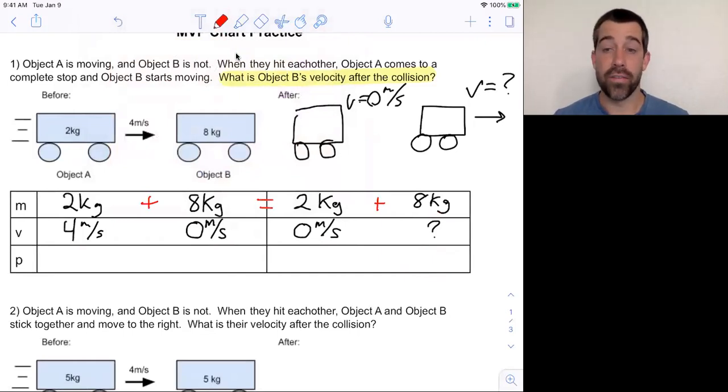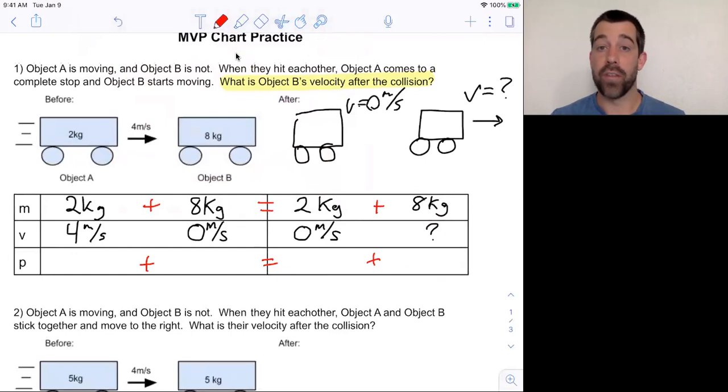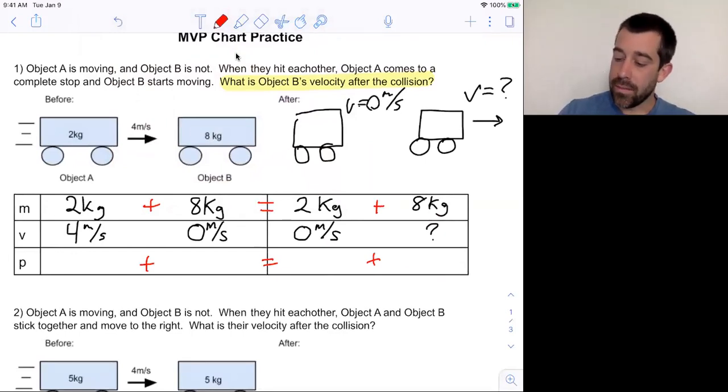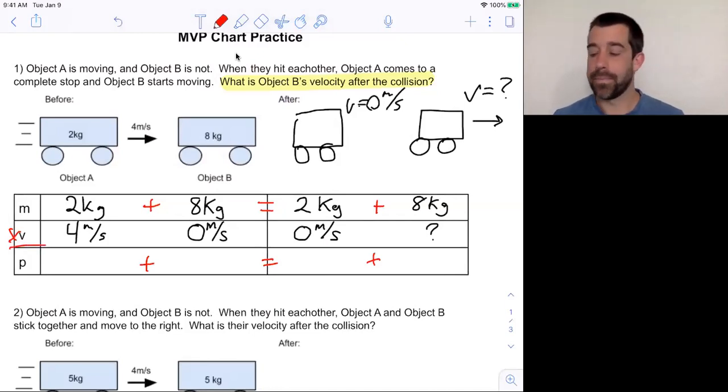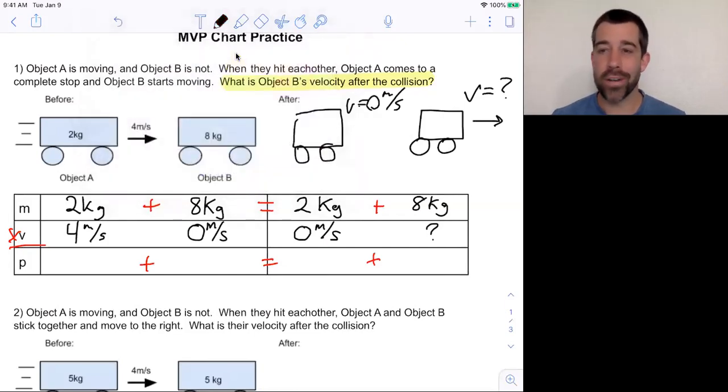That's the law of conservation of momentum that tells us that. You can add the momentums on both sides and they should be equal. We know that from the law of conservation of momentum. And you can multiply mass times velocity to equal momentum. All right, so we can use these patterns just like we would in a Sudoku chart in order to solve for any of the blank spaces.